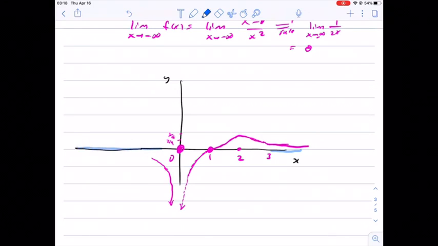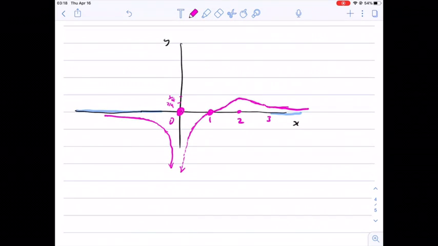And as x goes to negative infinity, the graph goes to 0.